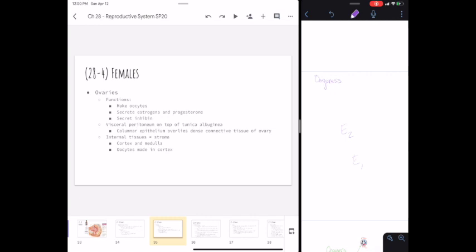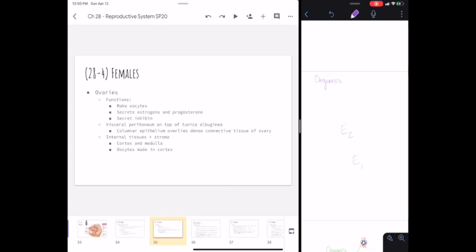The visceral peritoneum is on top of the tunica albuginea. So this is analogous to the structures in the testes. We have columnar epithelium here, and this is dense connective tissue for the ovary. So just superficial structure, superficial lining. Internally, we have a stroma, and in the stroma, you'll see the difference between the cortex and the medulla.